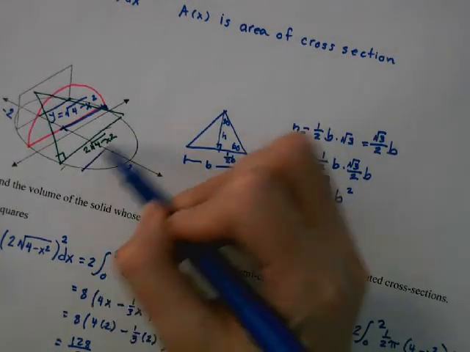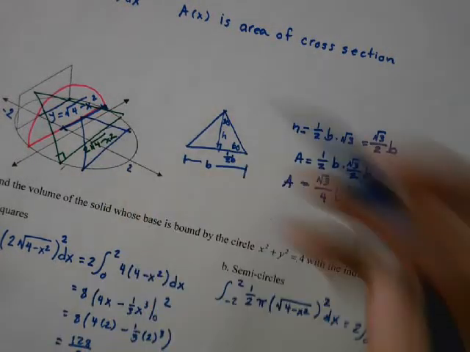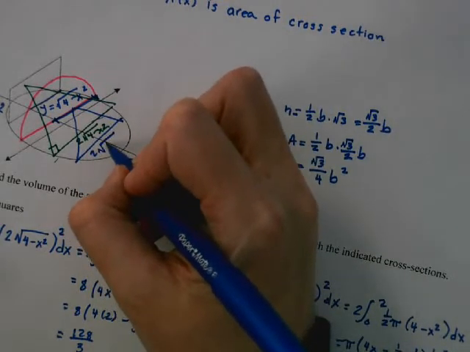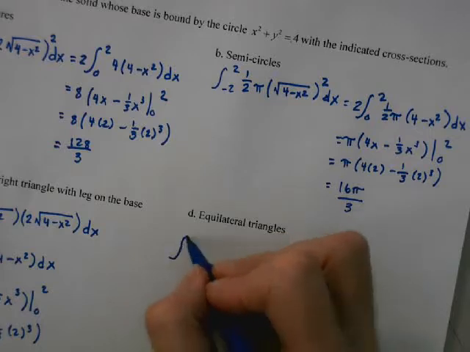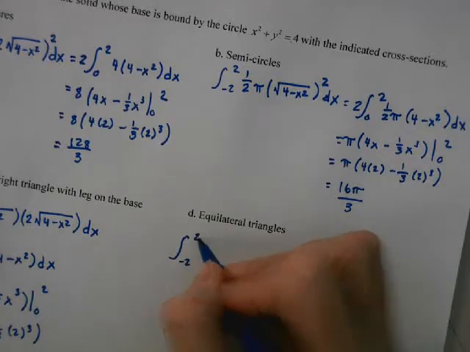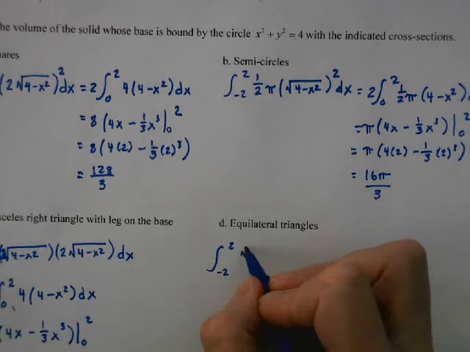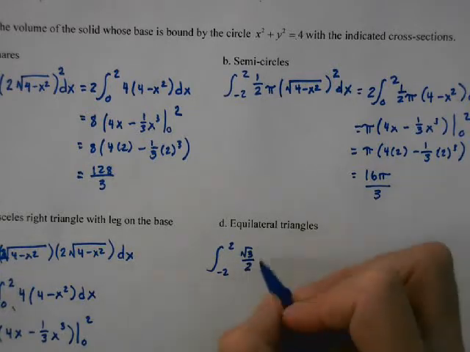Okay, so that makes this easy. If I have an equilateral triangle, the base is going to be that 2 root 4 minus x squared again. So this is going to be the integral from -2 to 2 of root 3 over 2.